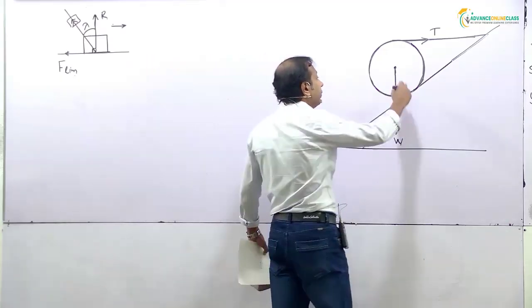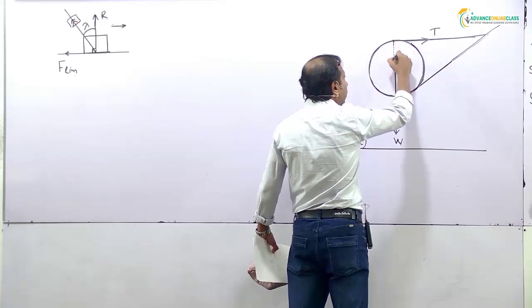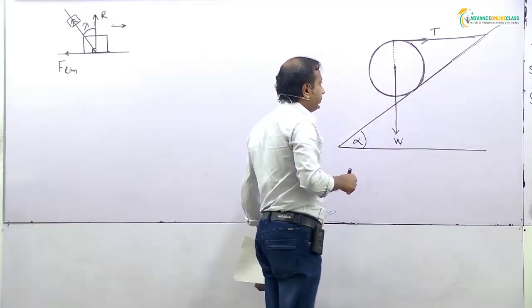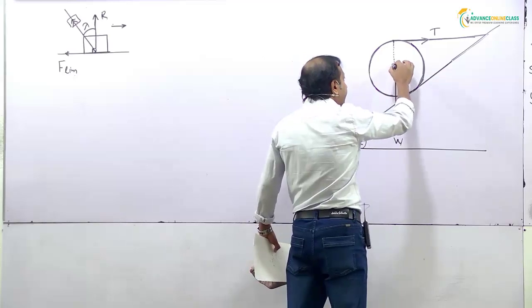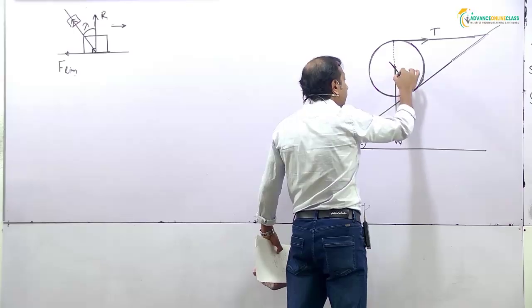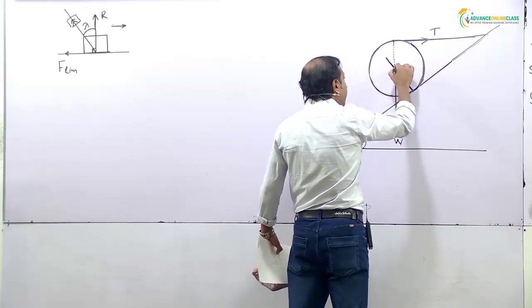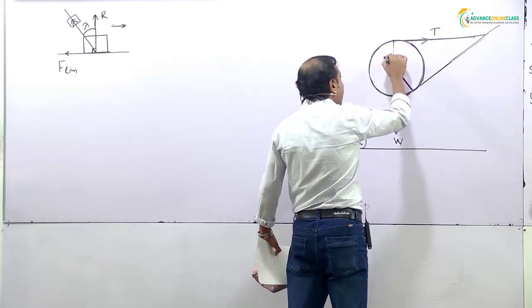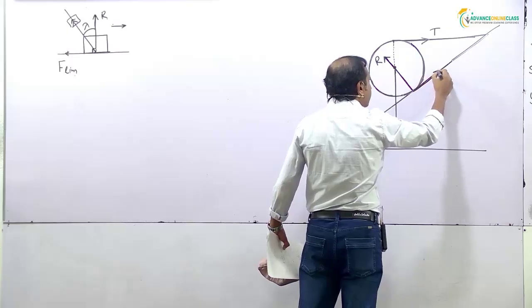This way it passes through the highest point of the sphere, where the line of action of W is produced. And two more forces act now. That is the normal reaction R, which passes through the center of the sphere this way, and the limiting frictional force is this.